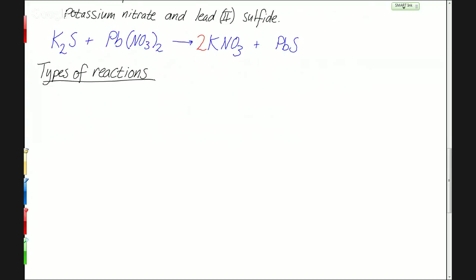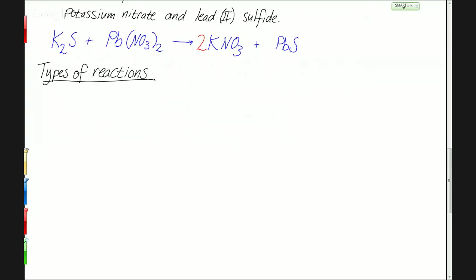There's lots of ways to categorize chemical reactions, and various disciplines have their own way of doing it. We're going to focus on this very general classification. The use of this classification is that it will help us predict reactions. If we know that a reaction belongs to a certain group, we can figure out what the products are going to be. And you'll work with this a little bit in lab on Wednesday.